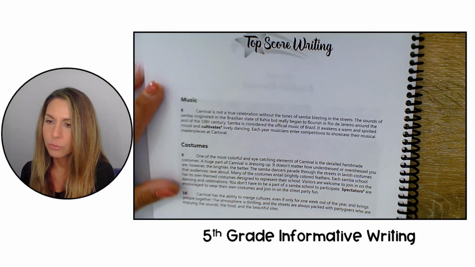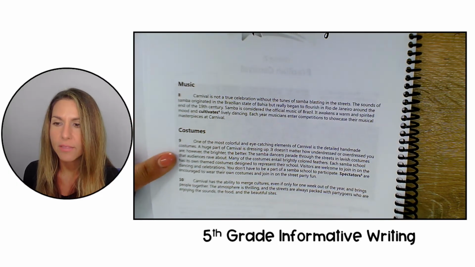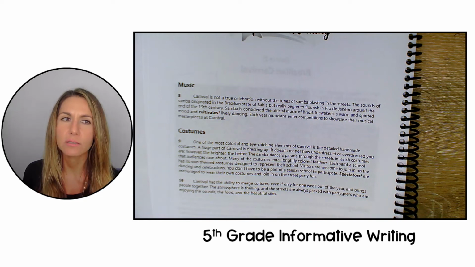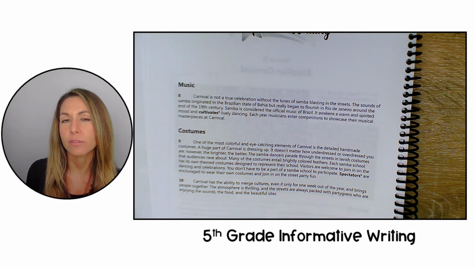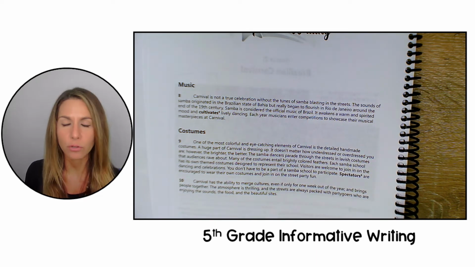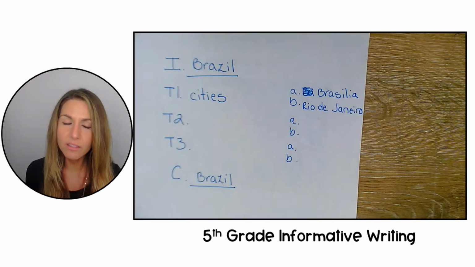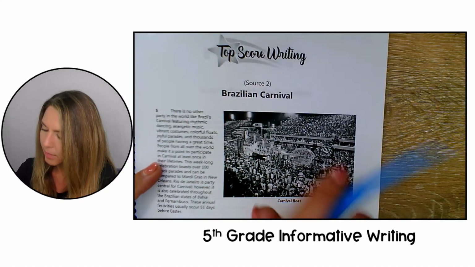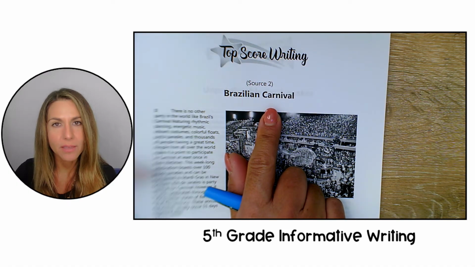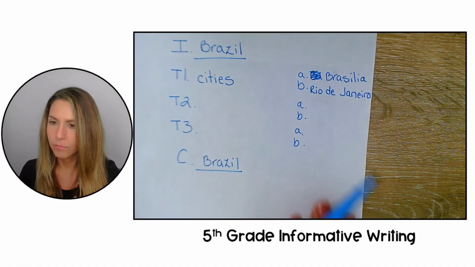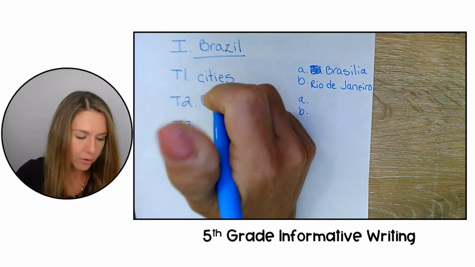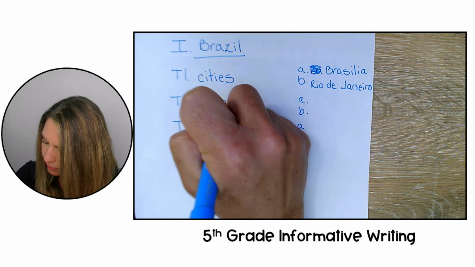It goes into the music of Carnival, and then it goes into the costumes of Carnival, but also just the costumes that people in Brazil tend to wear as part of their culture. So since there's so much information about Carnival, I think I will make that my T2 topic. So next to T2, I will write Carnival, and I'm going to make sure I spell it correctly.